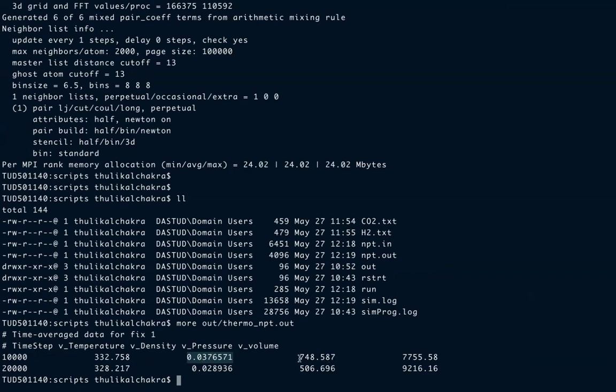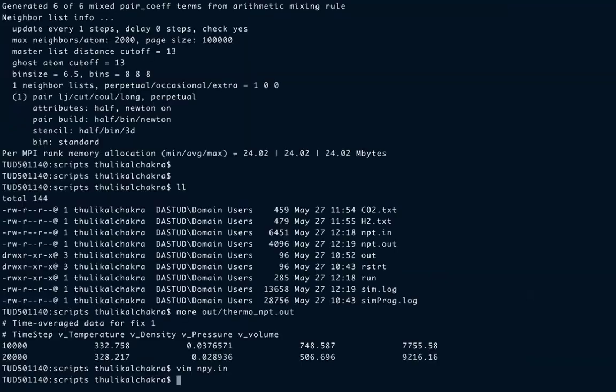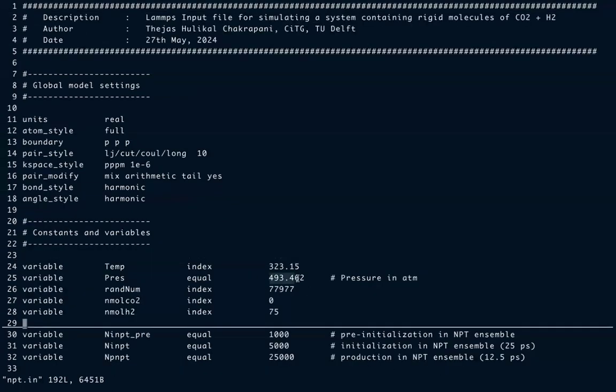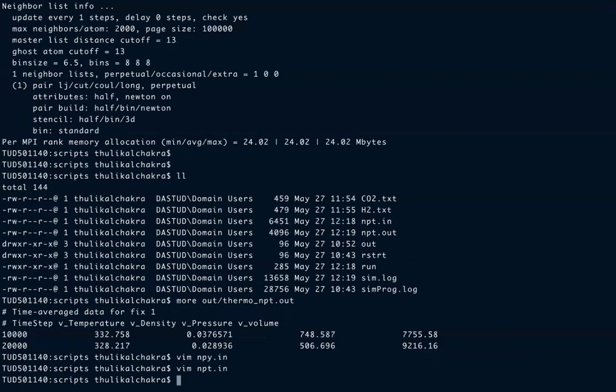And the next is the pressure. Once again, the pressure is in units of atmospheres. What is important for you to notice is that it's quite far away from what we set. If you go to npt.in, our target pressure was 493.462, but now we see that the pressure here is 748.587 as the first step.